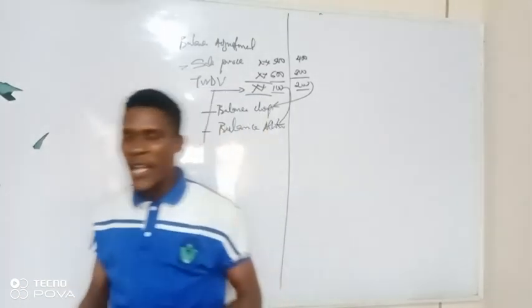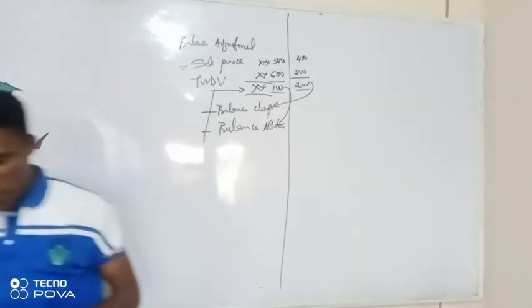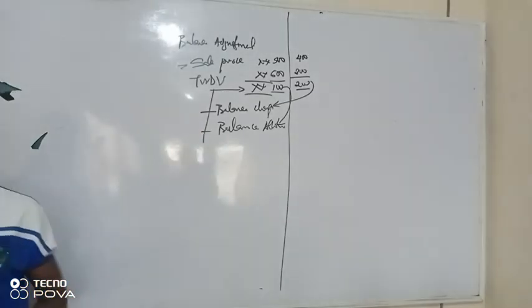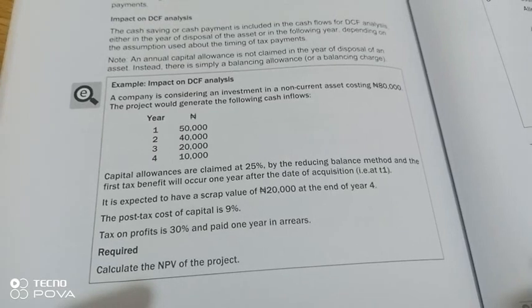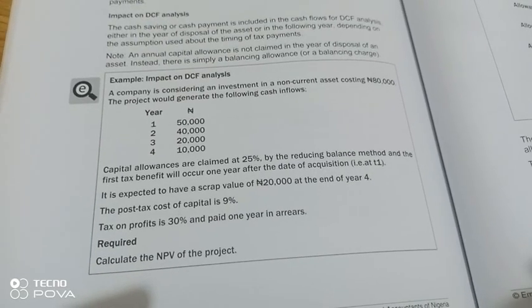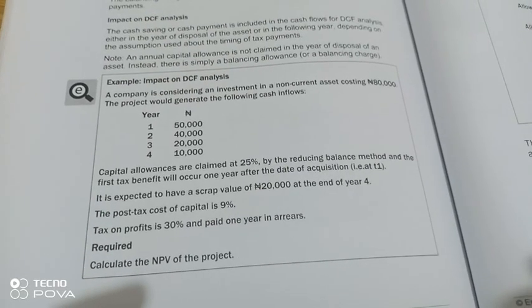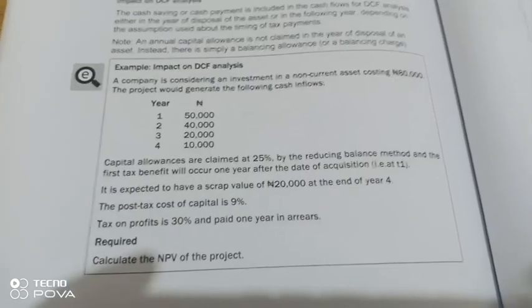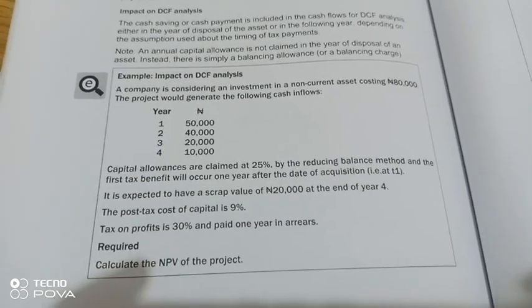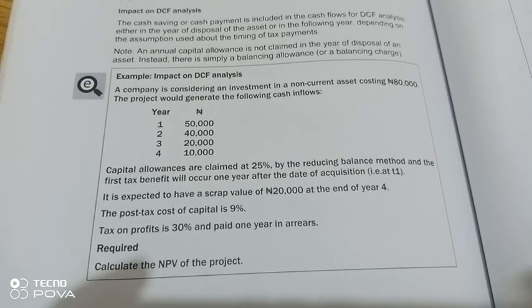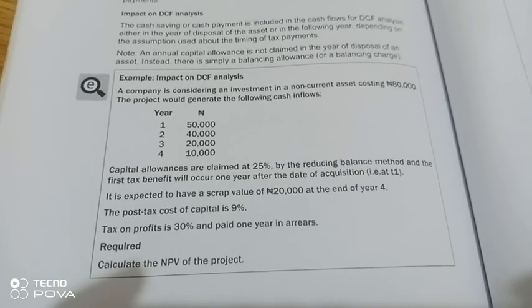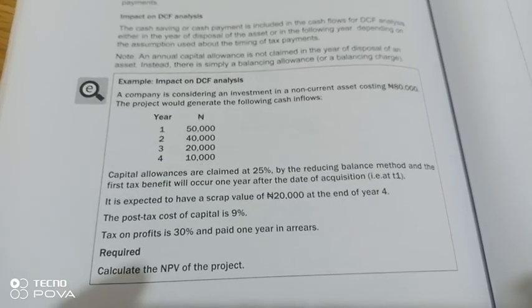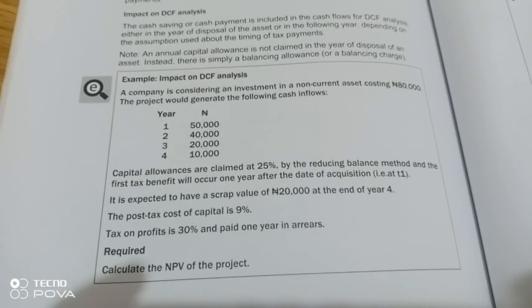So in view of that, let's try to practice a real question on how to deal with capital budgeting. A company is considering an investment in a non-current asset costing 80,000. The project will generate the following cash flows: year 1, 50,000; year 2, 40,000; year 3, 20,000; year 4, 10,000.